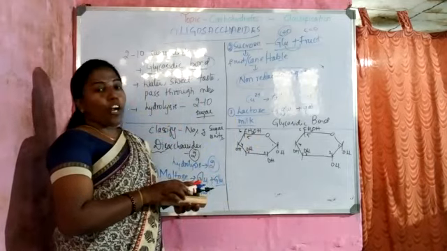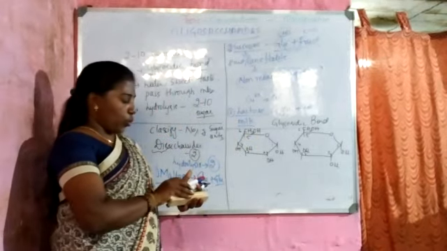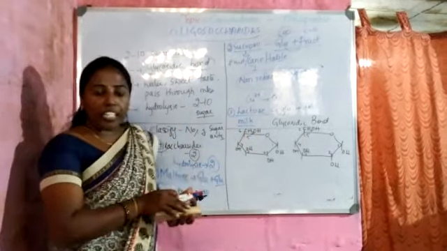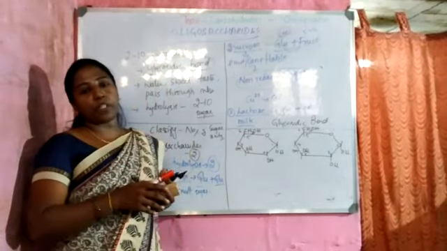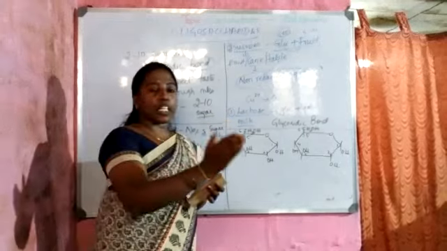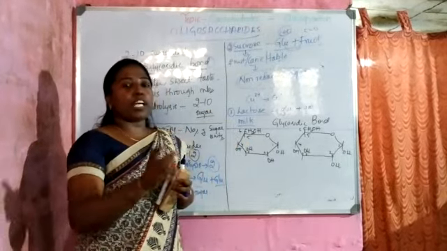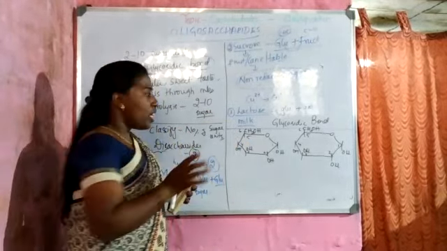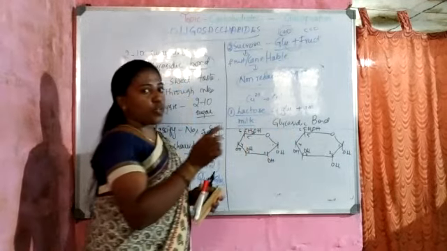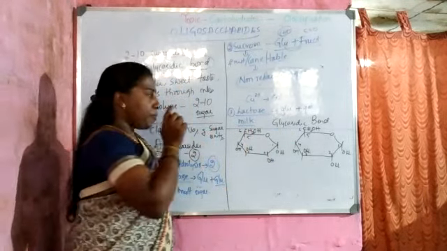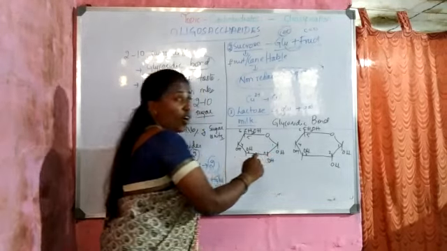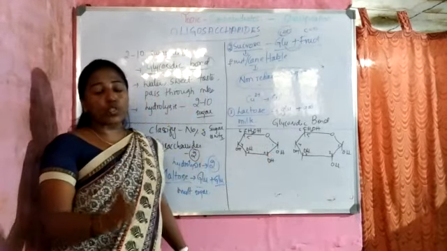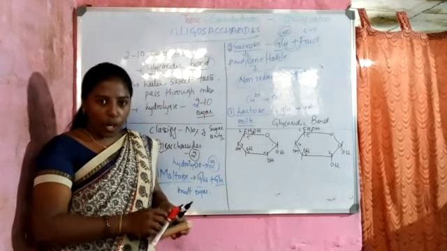Now the bond formation occurs as I told. A glycosidic bond can be defined as a chemical bond formed between the carbon atoms of the neighboring monomers, with the release of one molecule of water.